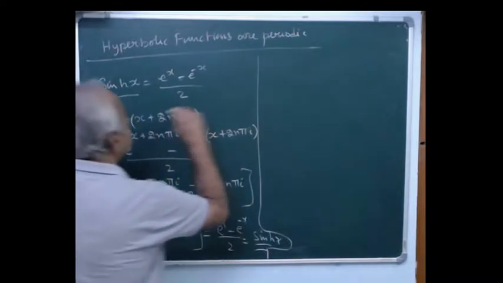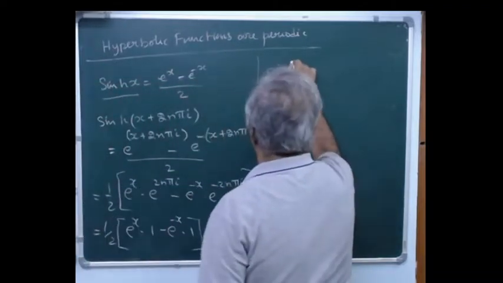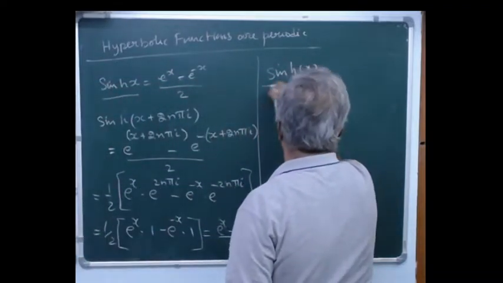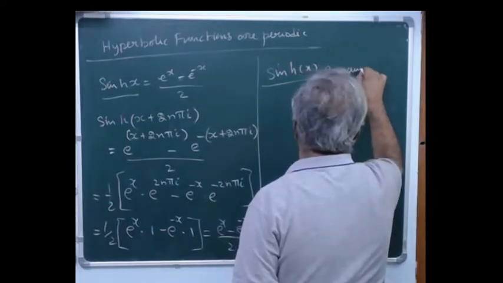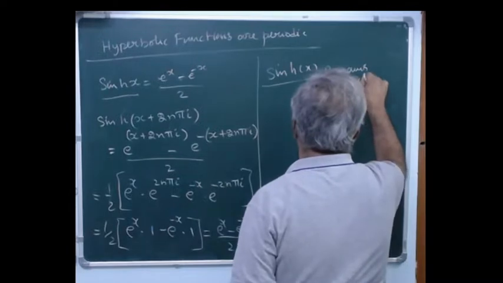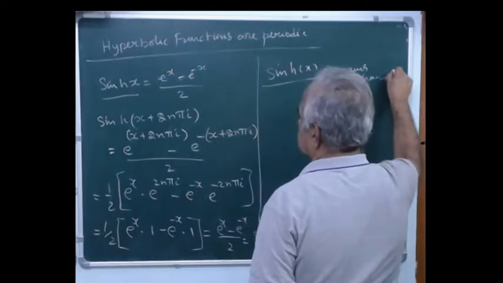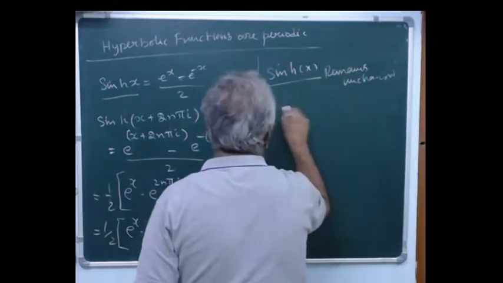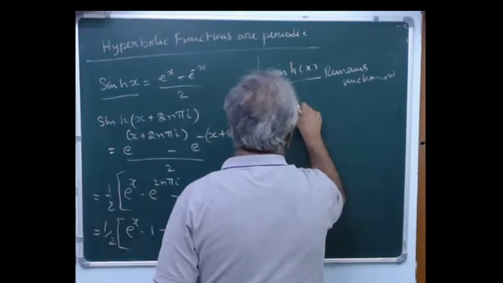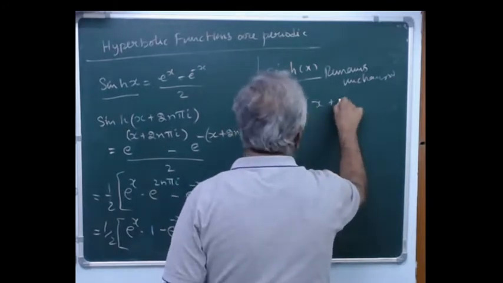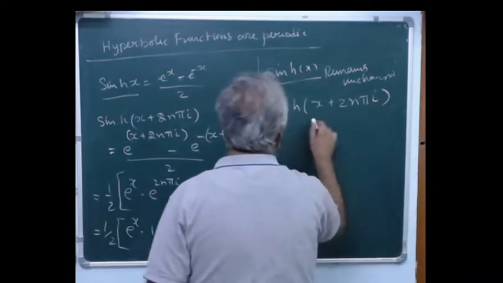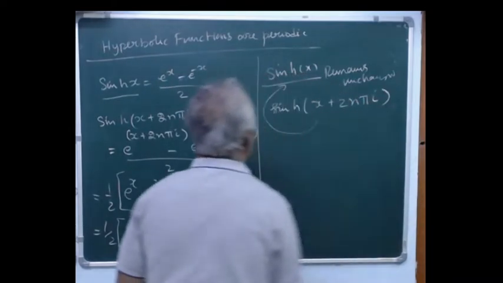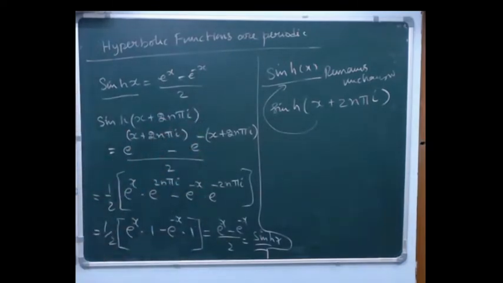What we are going to prove is that sinh x remains unchanged by adding 2nπi, that is sinh(x + 2nπi). So this results in the same value. That is what we are going to prove.